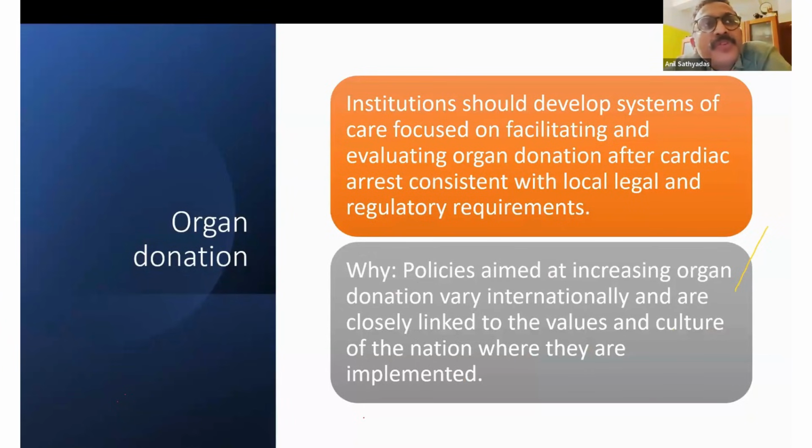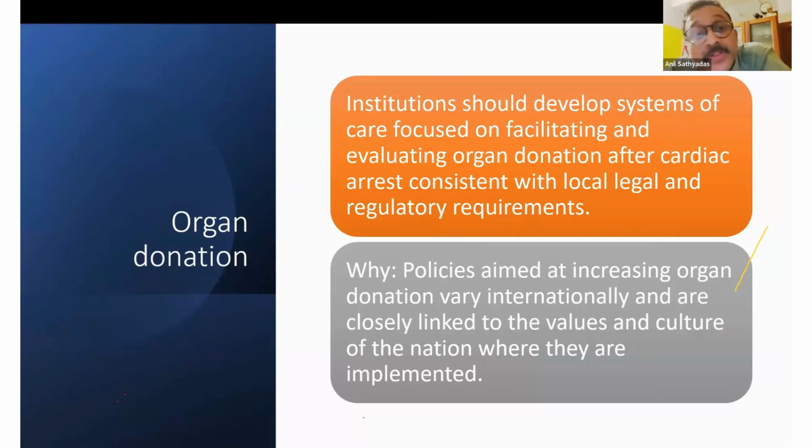And organ donation has also been mentioned in this guideline. I think it's new. You have donation after neurological death, by neurological criteria, and donation after death by cardiac criteria.